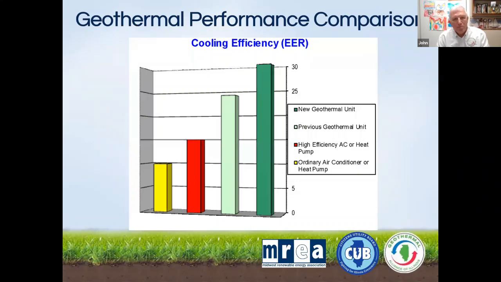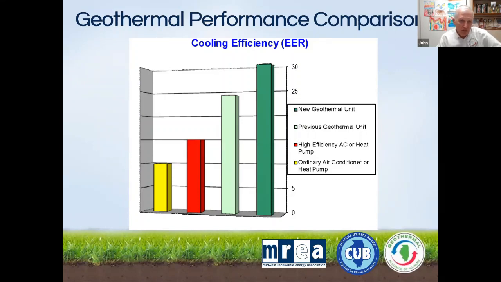And so here's a bar chart that gives you an idea of the efficiency. Here's cooling. So you see the newest geothermal systems, the dark green, they have EERs that are above 30 now. And those are very efficient systems. My system in my own home is probably more like the lime green color there, the second one over, probably more in the 25, 26 EER range.